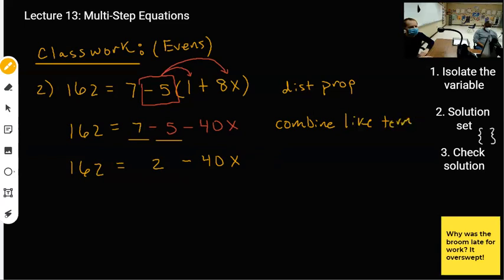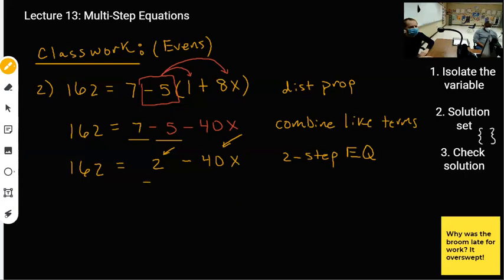What we have to do now is solve this two-step equation. We have to get x by itself though. So we need to get rid of the 2 and the minus 40. The first thing we're going to get rid of is the +2.